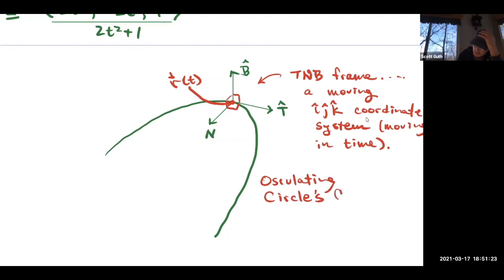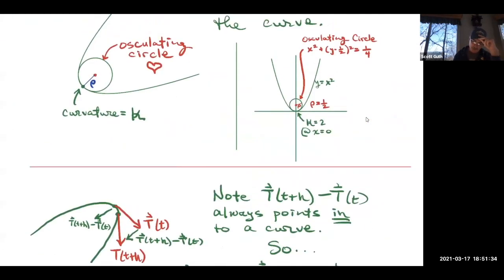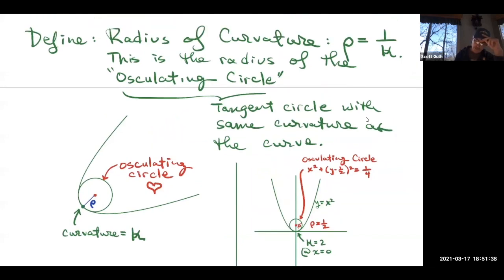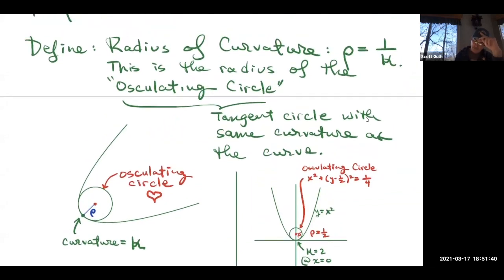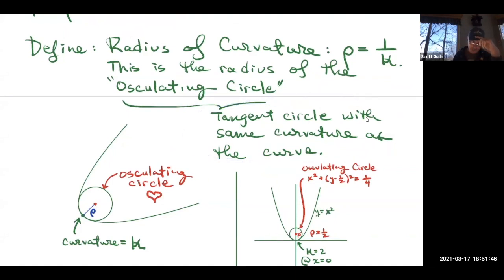I'll just give the center and keep it simple. Just to remind you what the osculating circle is, it's a tangent circle right here that has the same curvature as the curve.